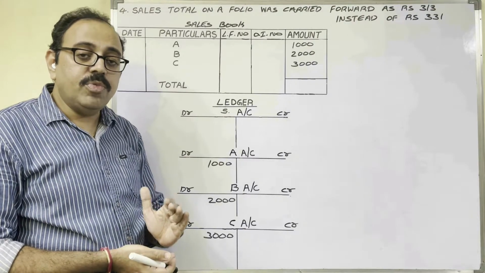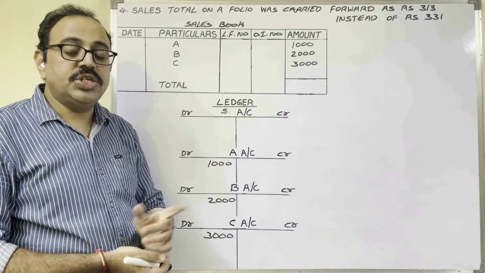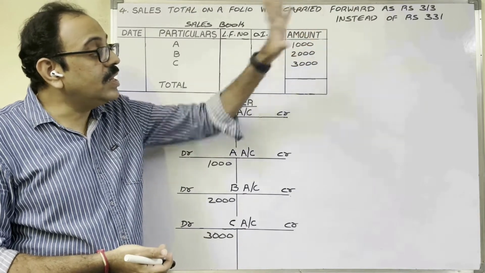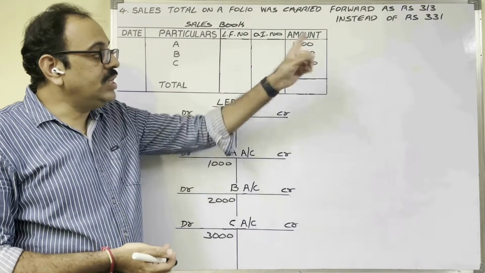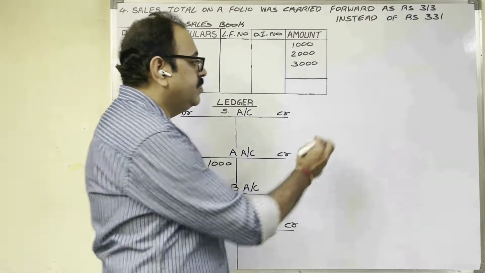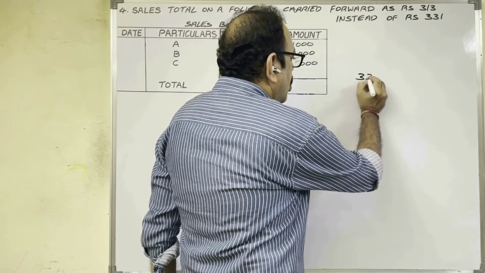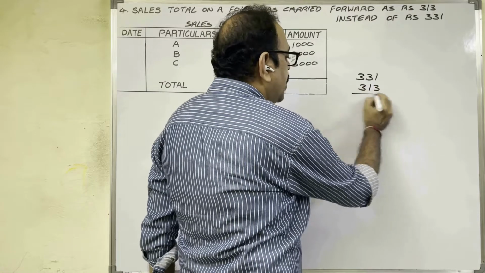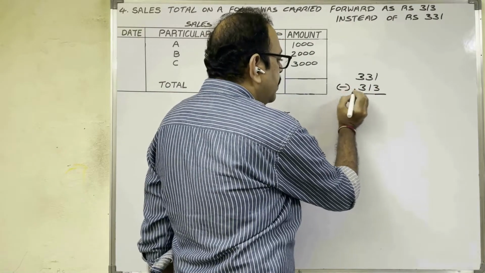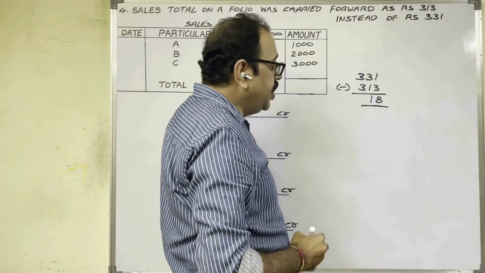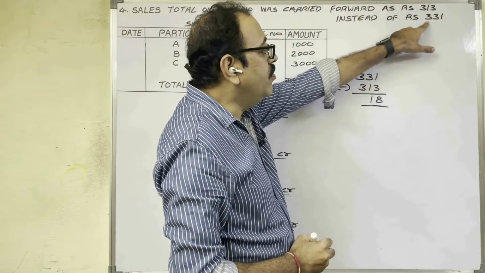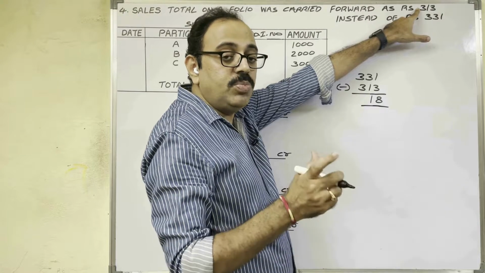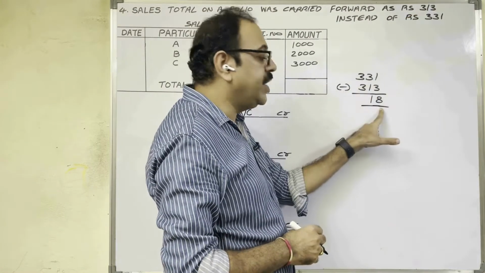While taking that amount in next page, instead of 331, accountant has taken 313 rupees. So 331 is correct amount. Wrongly, it is written as 313 rupees. Find the difference? 18 rupees. Instead of writing 331, when they wrote 313, sales book is undercast by 18 rupees.